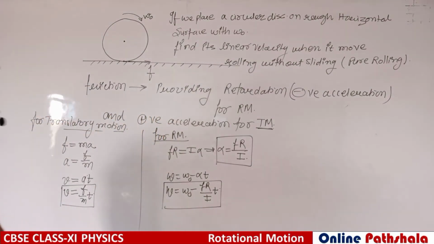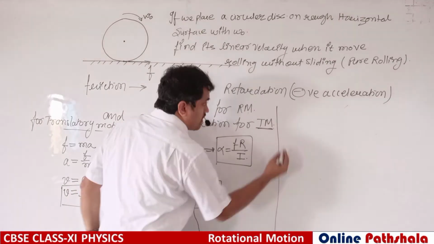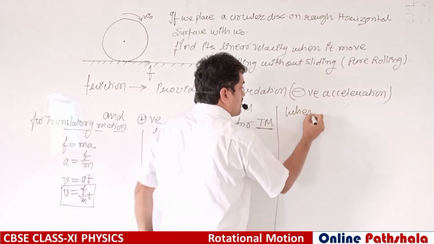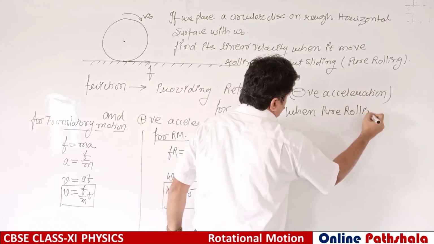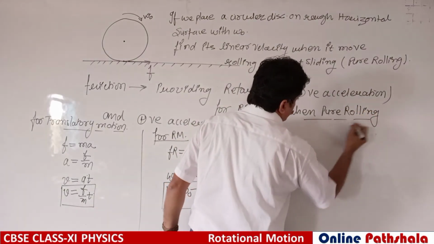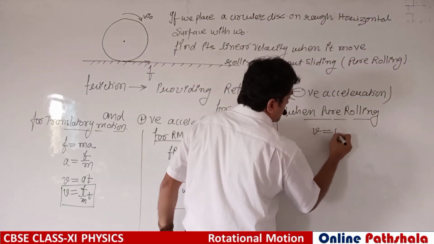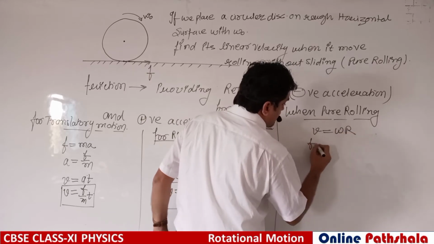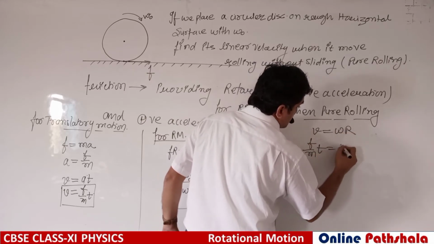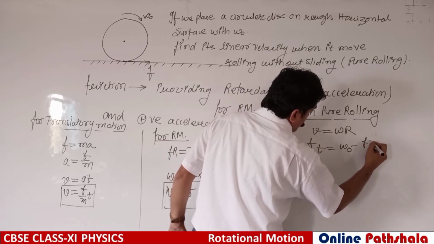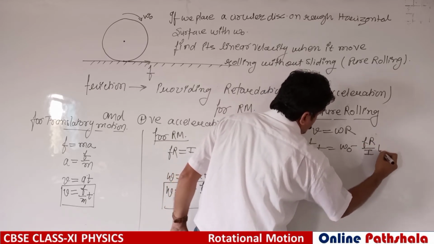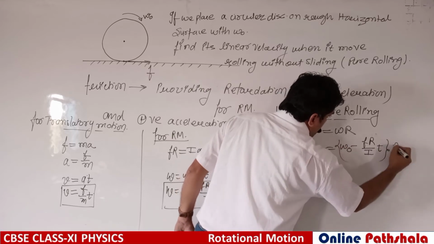And for pure rolling, this V should be equal to omega R, means F by m into t is equal to omega naught minus F R divided by I into t, into R.